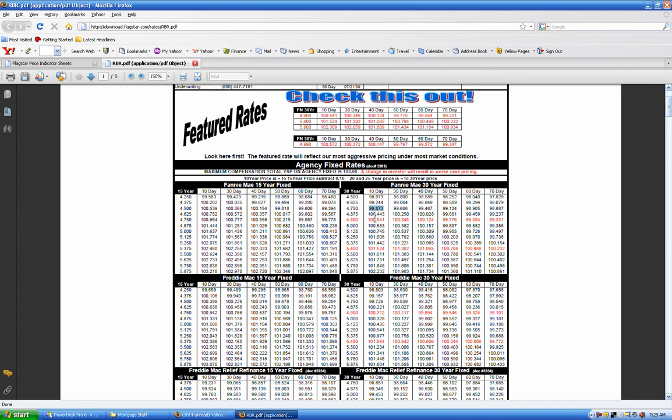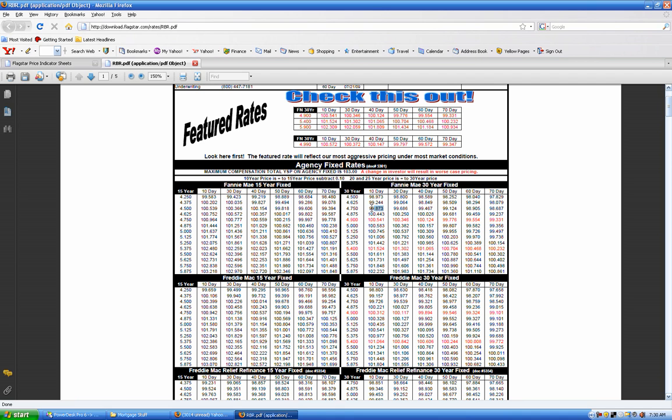And if the pricing is over 100, right here, anything over 100, that is the yield spread premium that the lender gives you. So for instance, if you were to quote the client a 30-year fix at 4.75, then you have to pay the difference between 1 minus 0.875, which in this case is about an eighth, 0.125. Okay? So you can either charge the client or pay it up front yourself.